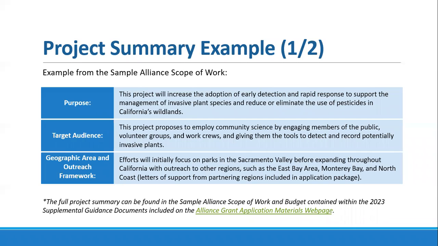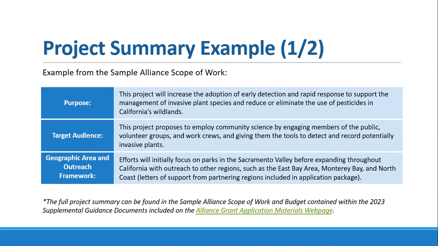So we're going to dive back into some details from the example provided in the sample alliance scope of work. You can see a note there at the bottom, again, that this can be found on our website in its totality. And as we go through these, I'm not going to read over these in detail each time, but I would just like to highlight them individually as we go through. So again, we see here that there's clear statements that describe the purpose.